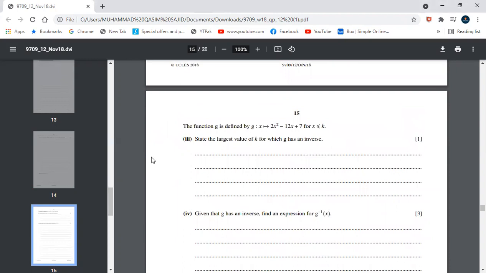Now state the largest value of k. So the largest value of k depends on two factors, where the value of k is greater than its value.